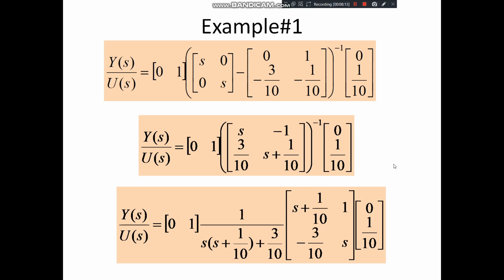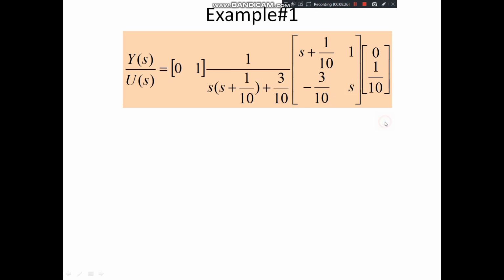Everyone knows the procedure for calculating the inverse of a matrix: the inverse is equal to the adjoint of the matrix divided by the determinant of the matrix. With that relation we obtain this inverse, and the transfer function gets simplified with the multiplication of the matrices now.